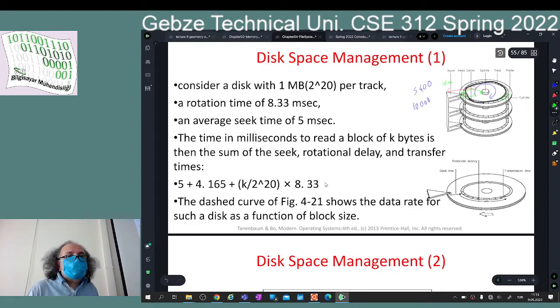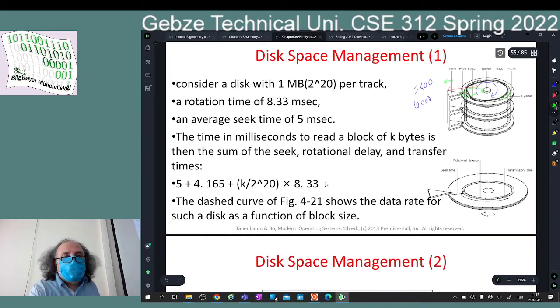The time in milliseconds to read a block of k bytes is the sum of the seek time, the rotational delay, and the transfer time. Let's look at this calculation. 5 is the seek time, 5 milliseconds.